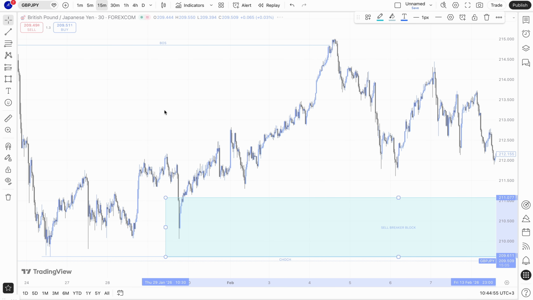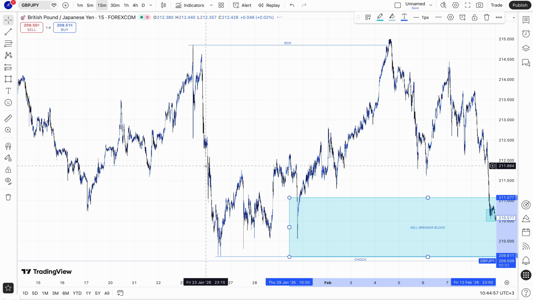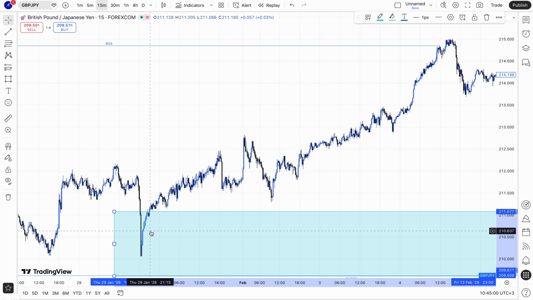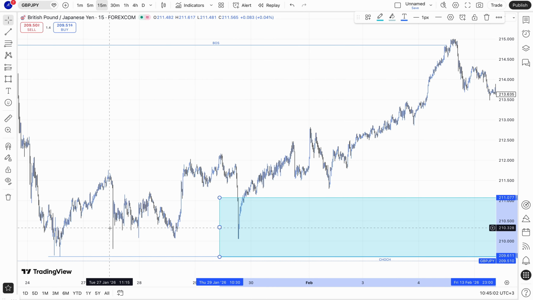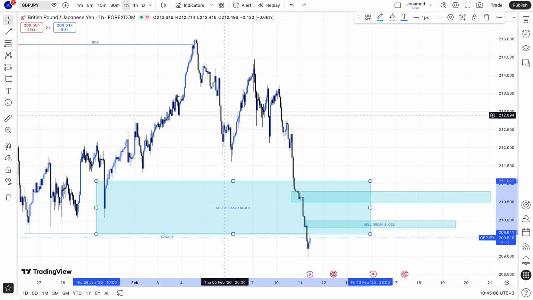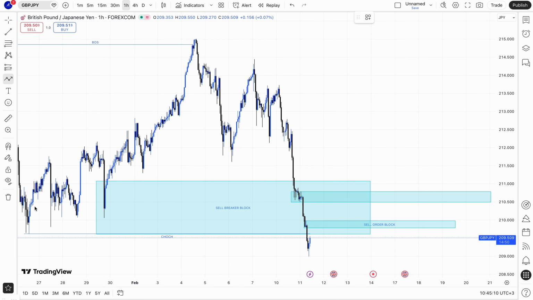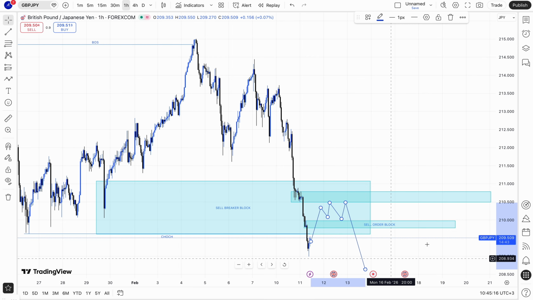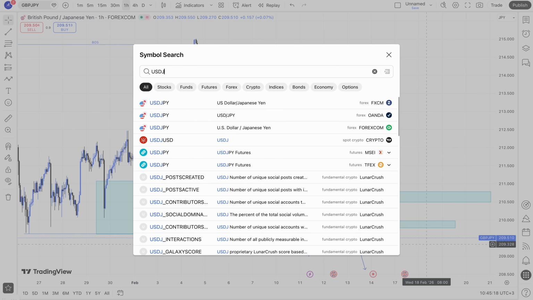Let's check on 15 minutes. Yeah. This is it. Then it's very simple. Just wait for the reaction around here, then a continuation to the downside.